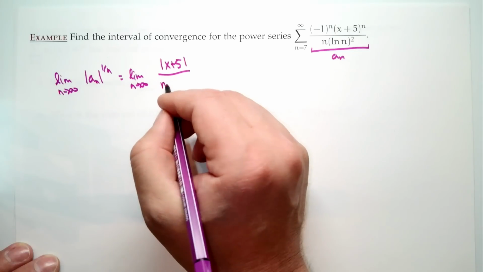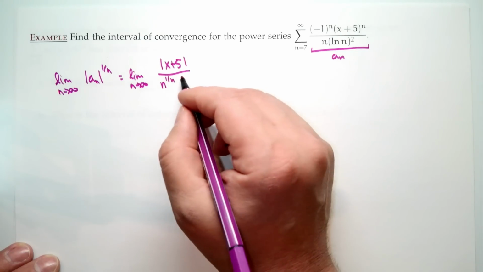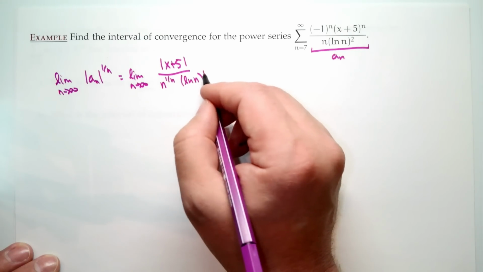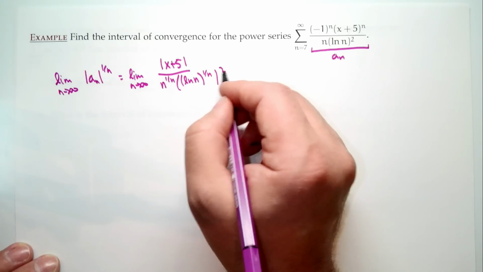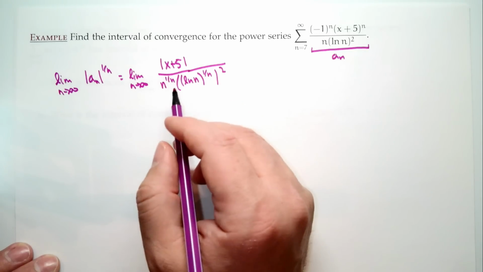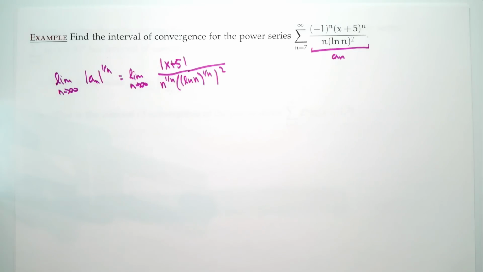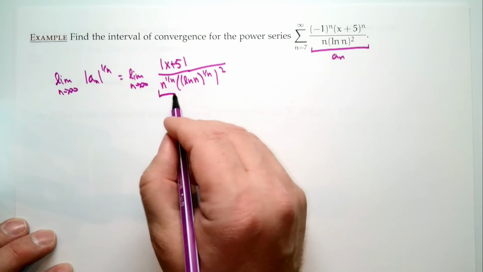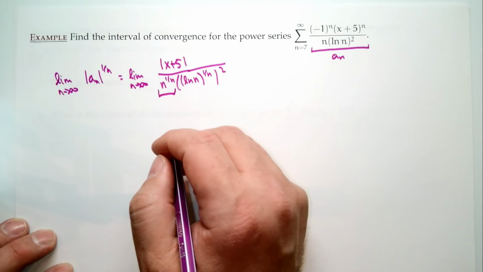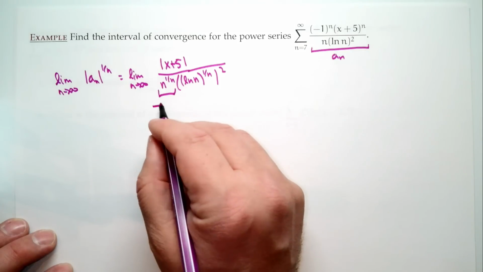Downstairs you get n to the 1 over n, and you end up with log of n to the 1 over n, squared. Well, absolute value of x plus 5 is absolute value of x plus 5. What happens to your denominator? If it helps, the first part you should know. N to the 1 over n? Yeah, it goes to 1.